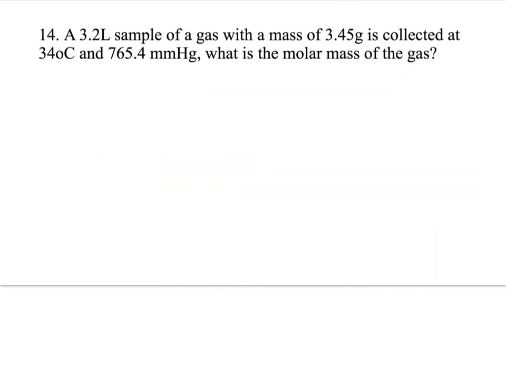A 3.2 liter sample of gas with a mass of 3.45 grams is collected at 34 degrees Celsius and 765 millimeters of mercury. What is the molar mass of the gas? So we're going to be using that d-RT over P formula that we've talked about. So we're going to need to solve for density.